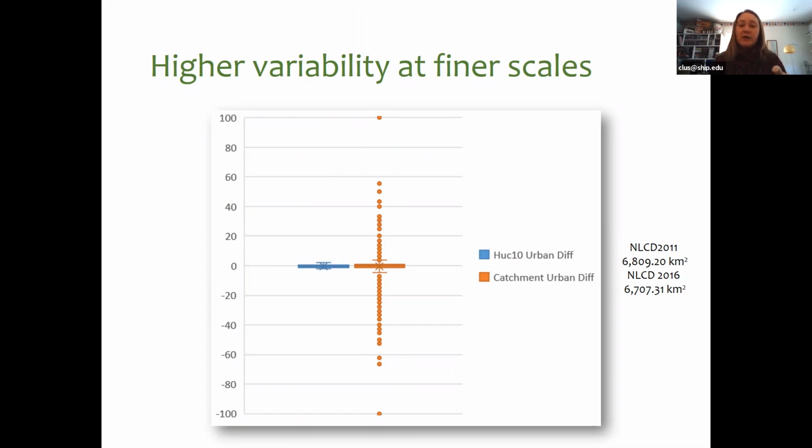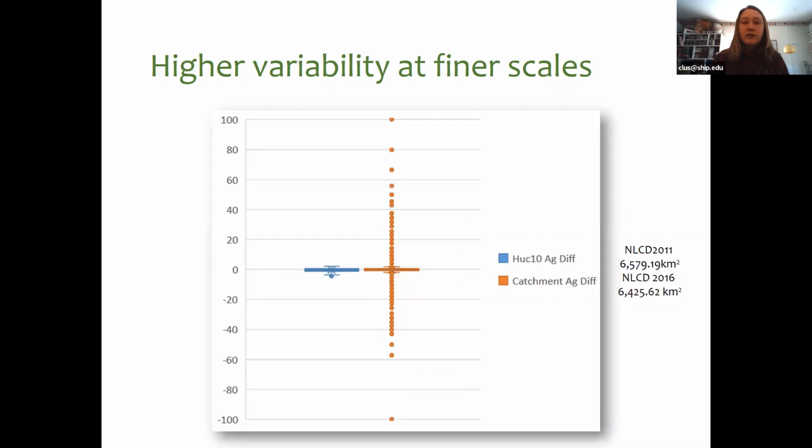The blue box plot is the difference calculated at the HUC 10 scale, while the orange is the difference calculated at the NHD catchment scale. And in this case, we're looking at the urban difference. You can see that this is plus or minus 100% at the NHD catchment scale for at least one of those small watersheds.